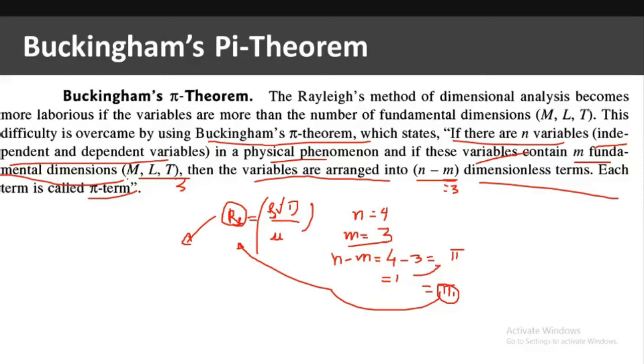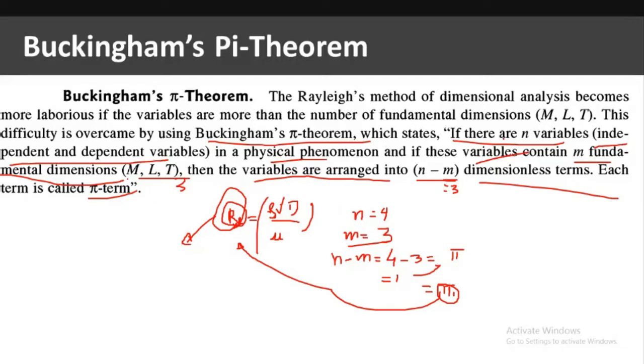So 4 minus 3, there is one dimensionless number, and for solving the problem we will call that pi 1, and after deriving the relation, that pi 1 is named as Reynolds number. So this is the statement.